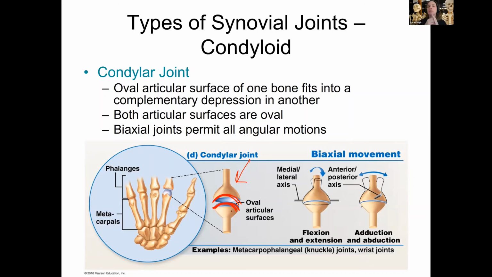So condylar joints are just a little more shallow than that. They do permit all angular motions, so they allow for biaxial movement. And a great example is this metacarpophalangeal joint right here, right? You can move it in two different planes, biaxial movement. Okay, so they're giving you that example right here.